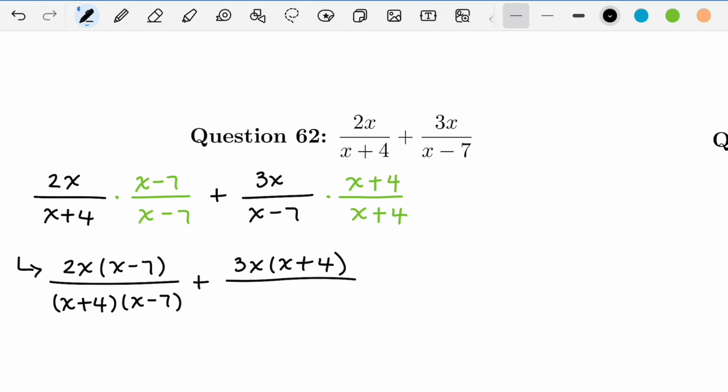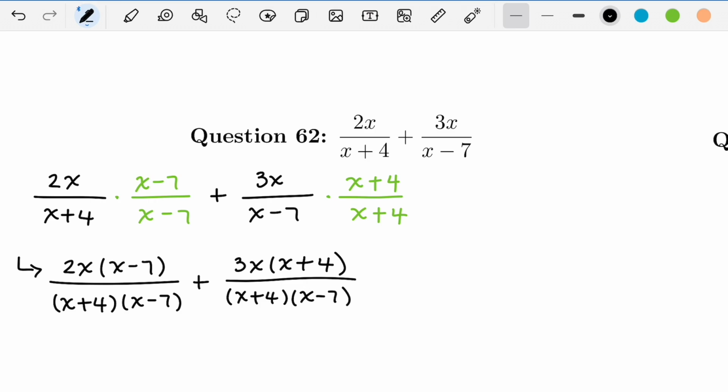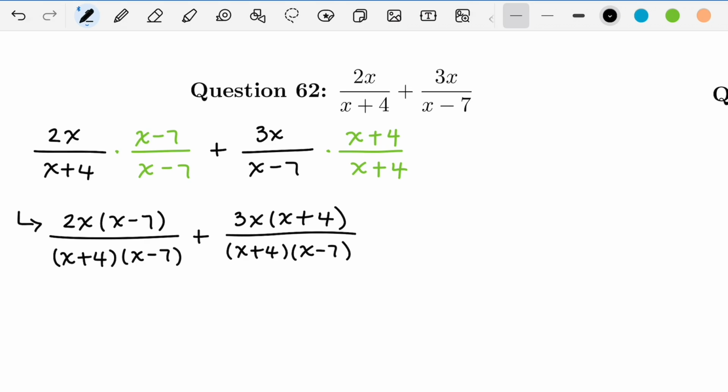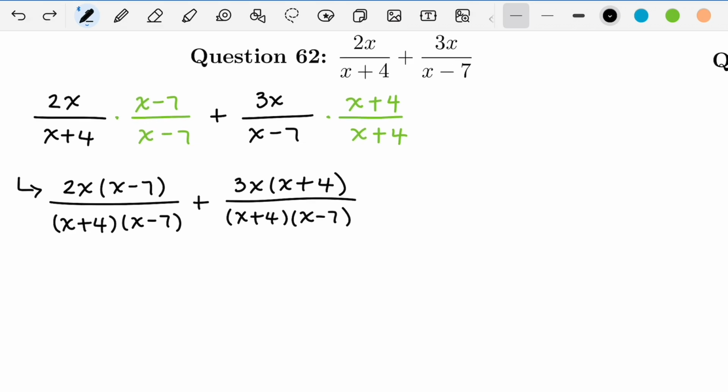And then we have a common denominator, this here. So like I said, first we are going to try to simplify these expressions. What we can do is multiply this 2x to both terms here and this 3x to both terms here. Doing so, we'll have 2x squared minus 14x.